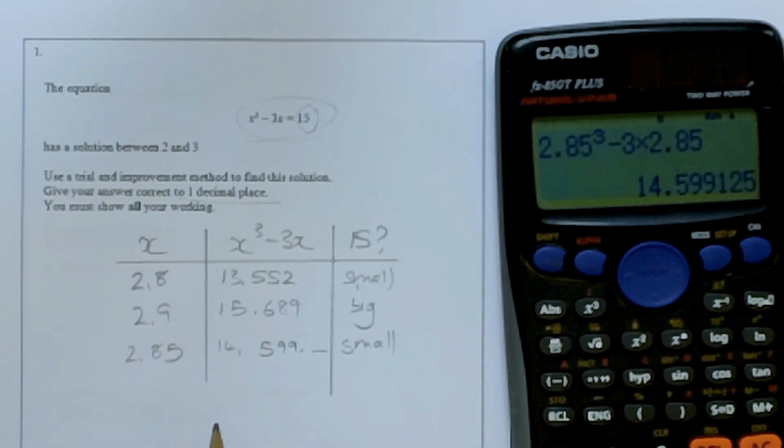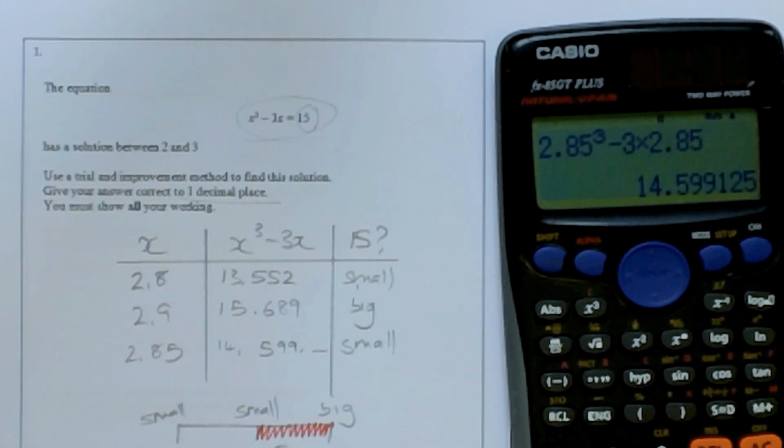Now, in order to help you see which is the correct solution, a number line is useful. We know the solution lies in between 2.8 and 2.9. We know that this one is too small, this one is too big. We've tried the middle, which is 2.85, and we know that that is too small. Now what that means is the solution lies somewhere in this range here.